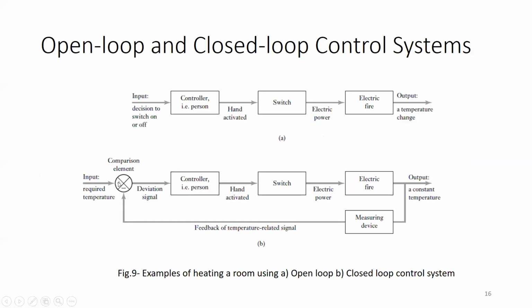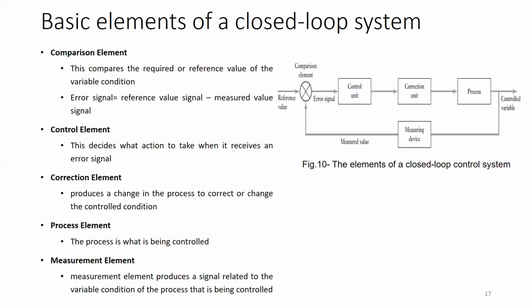The comparison element compares the difference between the measured value and the input value, and the required changes are made accordingly. That is why for a feedback system or closed loop system, a feedback system as well as a comparison system is a must. Understood till this point?